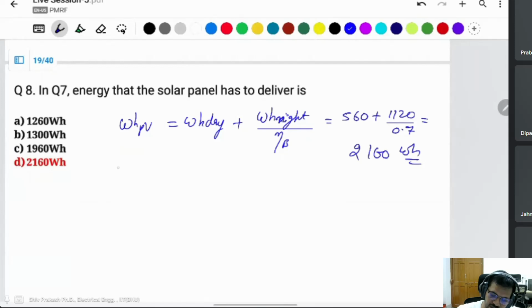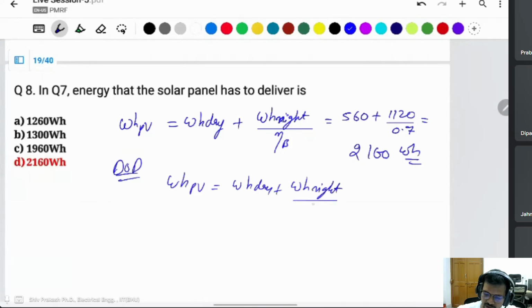But if you consider the DOD also, then it will be watt hour day plus watt hour night, divided by DOD into efficiency. Then it will be 2560 watt hour. Watt hour means voltage multiplication is also there. If you divide by the voltage, then it will be in AH.